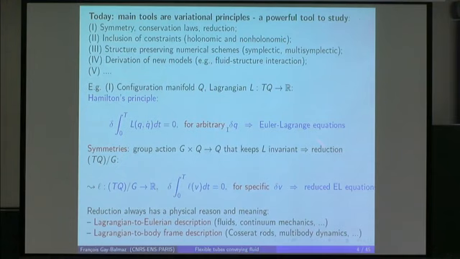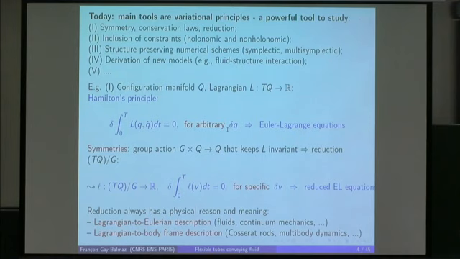But these reductions by symmetry are not only mathematical constructions. They have physical meaning. For fluid dynamics, for example, this corresponds to passing from the Lagrangian to the Eulerian description. This is associated to relabeling symmetry. But in other contexts, like in multi-body dynamics or in the elastic part of the problem that I will describe today, the reduction is not to Eulerian, it's to body frame representation.